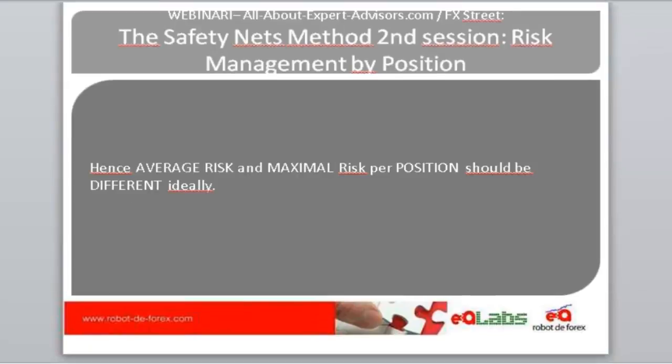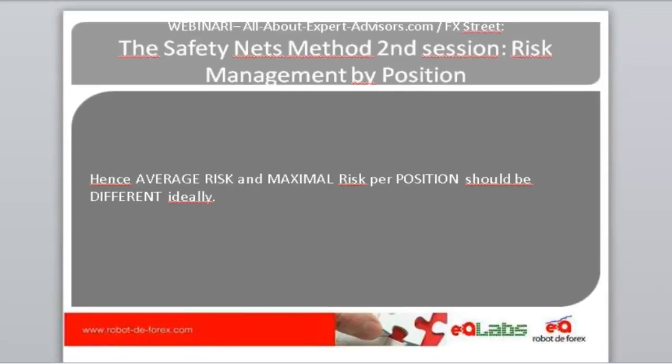Basically, it means that the maximal risk and the average risk, they should be different. If you're a very good trader, you manage to exit before the stop losses and before the take profits, and to improve your ratios between both exits, right? The winning exits and the losing exits. So it's very, very important that we start distinguishing between average risk and maximal risk.